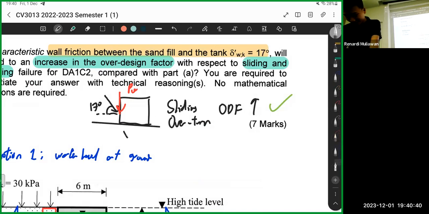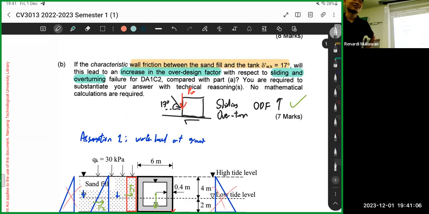So okay, the bottom resistance for this one is like what, CUB times B, right? Plus this one, tan delta SB. I think it's this one. I forgot. Never mind. But you get the idea.